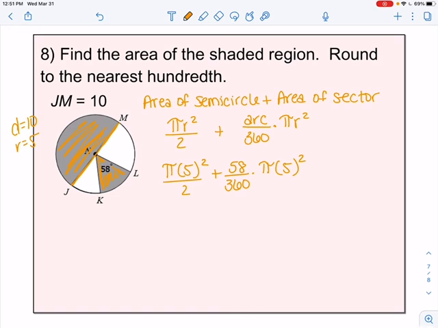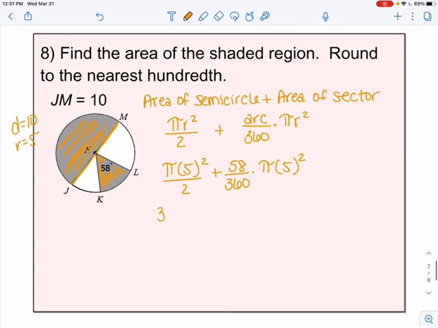Okay, so when I figure out pi times 5 squared and then divide that by 2, it's going to come out to 39.2699. I'm just going to push out a bunch of spots for the time being. Okay, and then we'll do the same thing on the other side. We're going to do 58 times pi times 5 squared. Hit enter, and then divide by 360.